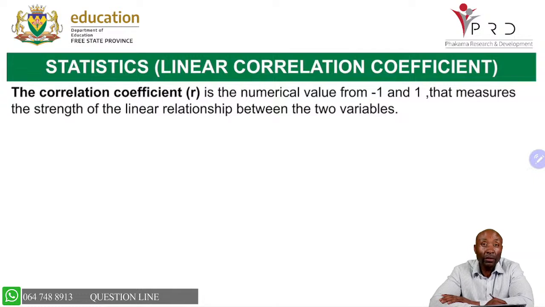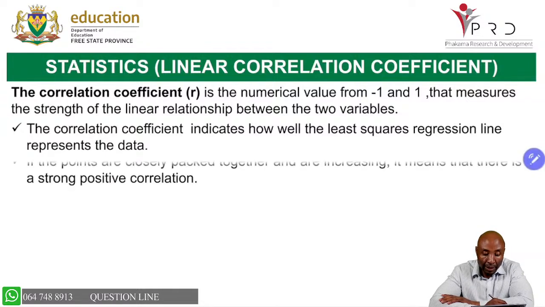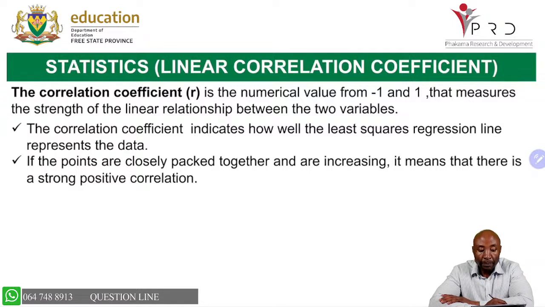We use a correlation coefficient, which is a value between -1 and 1. It's an interval. And we are saying the correlation coefficient can either be strong, weak, moderate, and it can either be positive or negative.